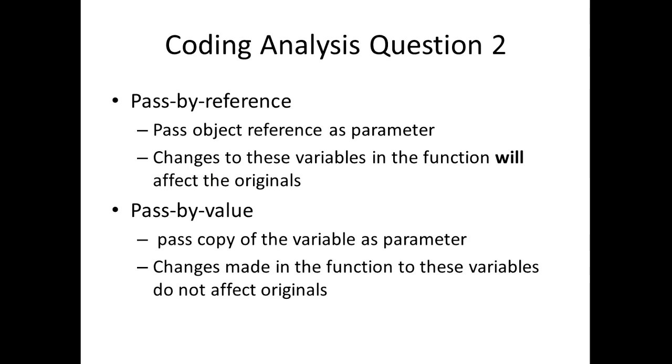That basically means that if you pass an object into a parameter of a method, and in that method that object changes, then after you exit that method, that value will be retained. Whereas in pass by value, you're passing a copy of the variable as a parameter.